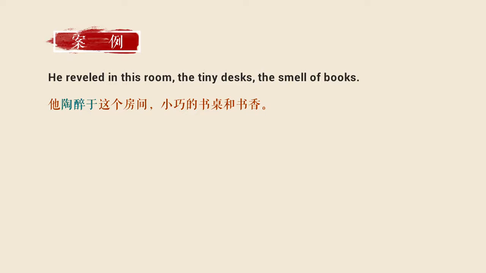We can change the word order so that the Chinese sentence becomes 这间屋子，这里小巧的桌子和书香都令他陶醉。In this translation, we talk about what he reveled in first. Add the word 都 to sum up the list of things, and then say 令他陶醉. Thus, this sentence is balanced.